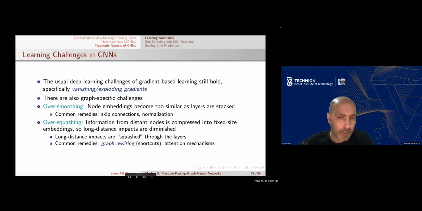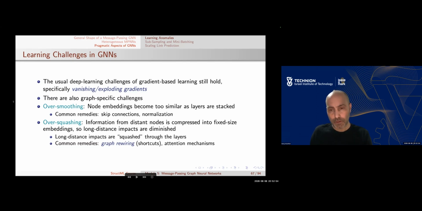Another problem is over squashing. This is specifically referring to the case where ideally we would like the function that we apply to the nodes to be able to incorporate information from distant nodes, so that when you have some nodes that are farther, not direct neighbors, but maybe more distant, we would like them to impact the decision.